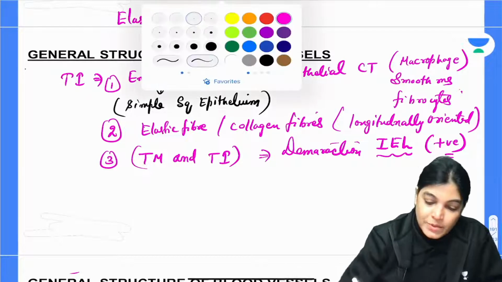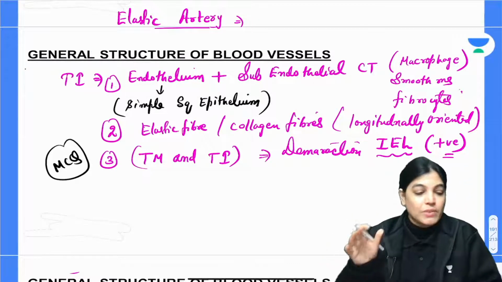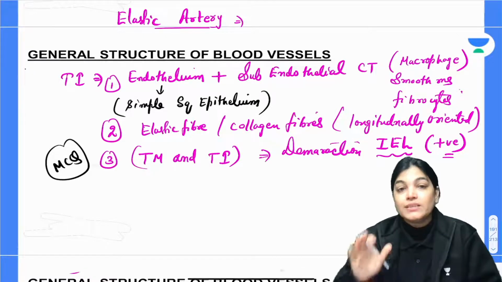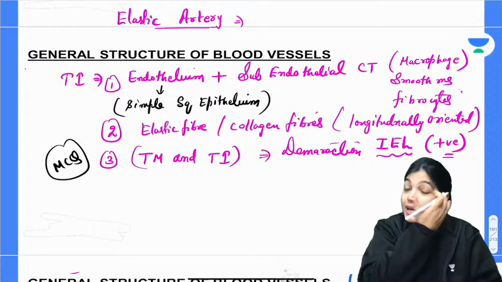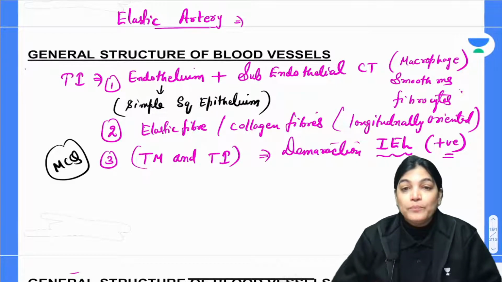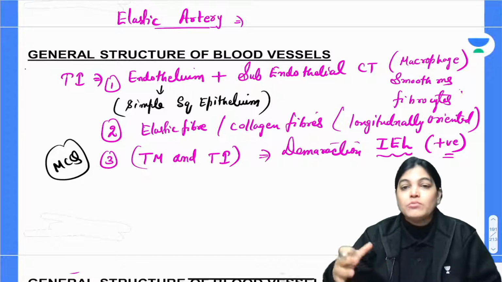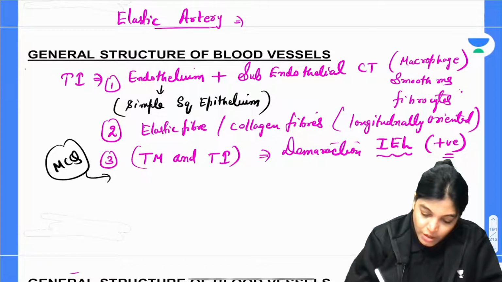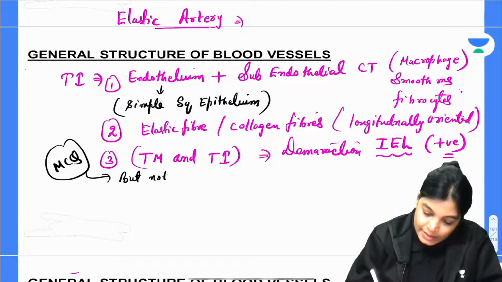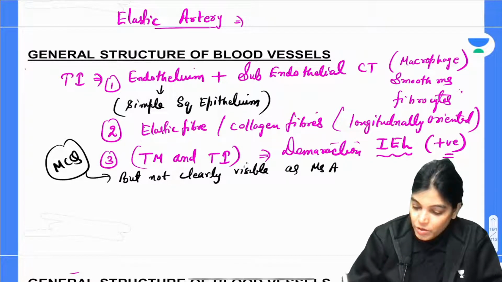This is a key point: if you want to differentiate a slide of muscular artery from elastic artery, the internal elastic lamina is the layer made of elastic fibers which differentiates tunica intima and tunica media. It is more clearly visible in muscular artery because the content of elastic fibers is less. In the elastic artery it is present but not clearly visible as compared to muscular artery. This is an important point.